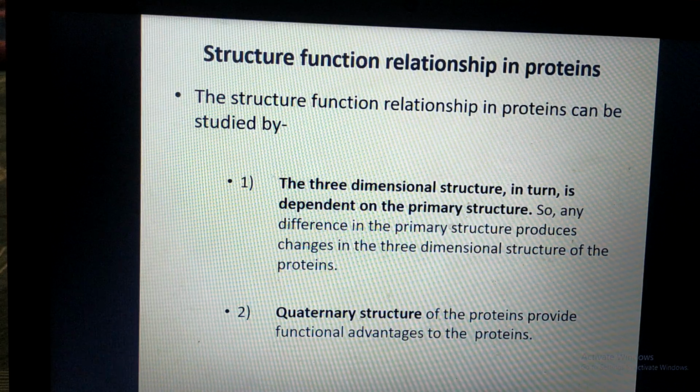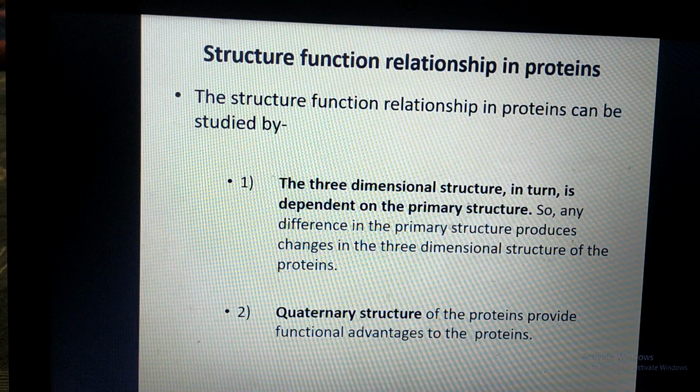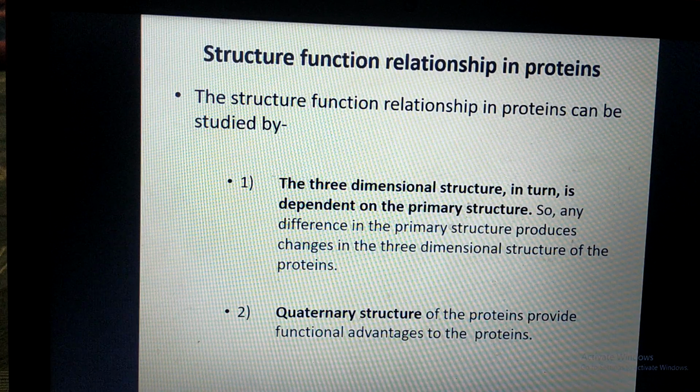The structure function relationship in proteins can be studied by two facts. First, the three-dimensional structure of a protein in turn depends on the primary structure of proteins. So any difference in the primary structure of a protein produces changes in its three-dimensional structure. And second, the quaternary structure of a protein provides functional advantage to the proteins.